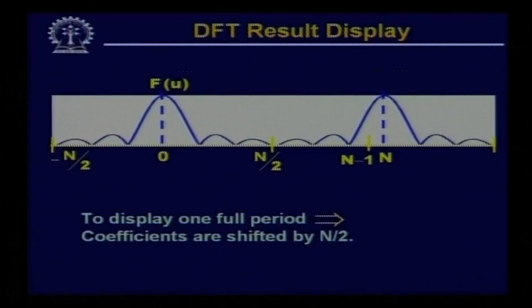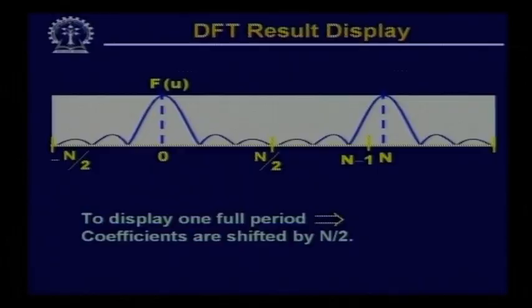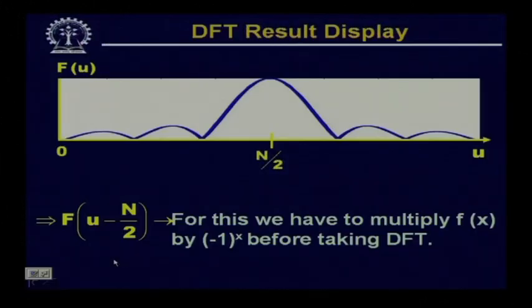To display these Fourier transformation coefficients in the proper manner, we have to displace the origin by a value capital N/2. By displacement, we get this. Here, in this particular case, the origin has been shifted to capital N/2. So, now instead of considering the Fourier transformation F(u), we are considering F(u minus capital N/2).